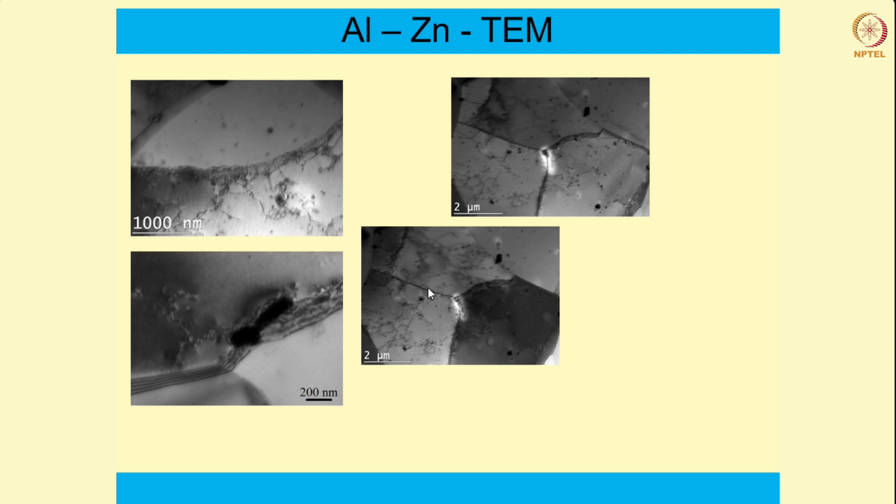If you remember, that lattice rotation, which can occur during the deformation process, will also lead to a significant increase in the misorientation across such boundaries, leading to fragmentation of this big grain into several smaller grains. And as a result of that, the grain size will be refined.